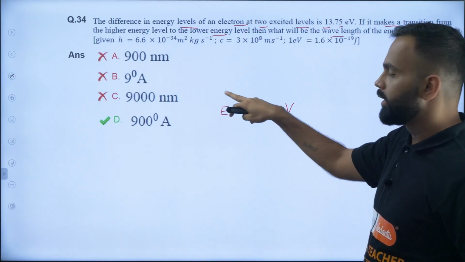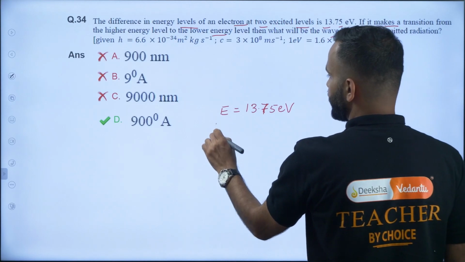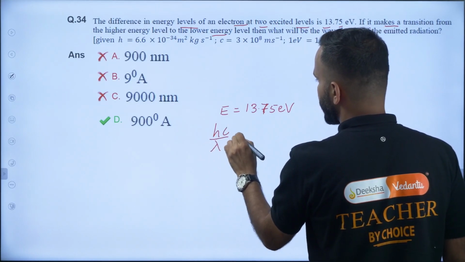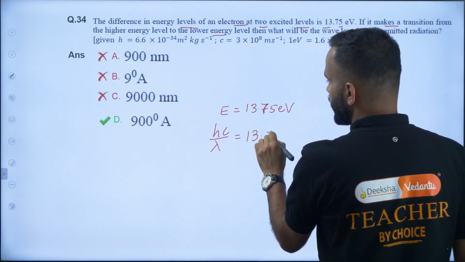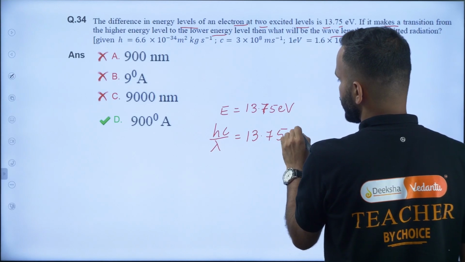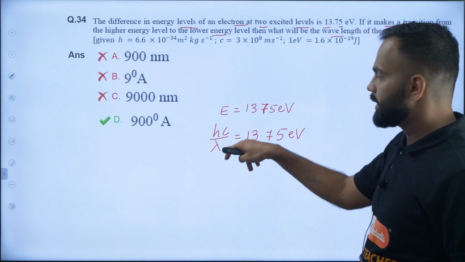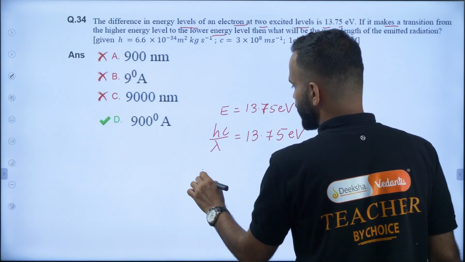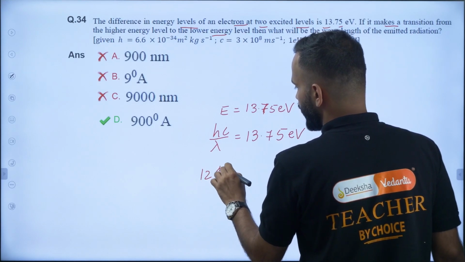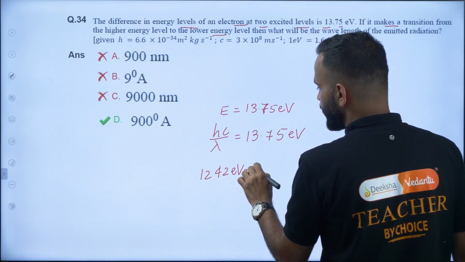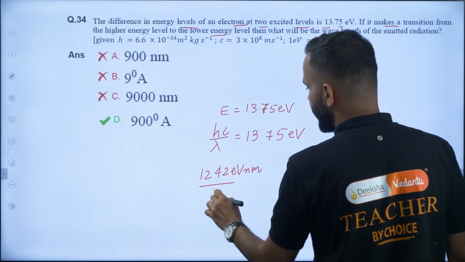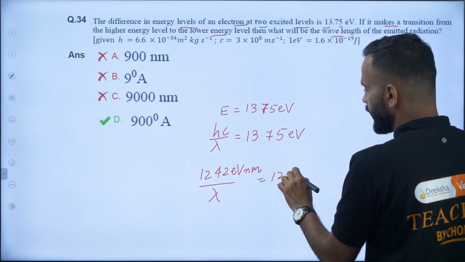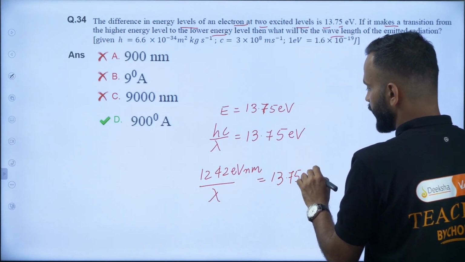Simple one, right? Here E is equal to hc by lambda. So hc by lambda is equal to 13.75 electron volt. We can write hc in terms of electron volt. The value of hc is 1242 electron volt nanometer, divided by lambda, is equal to 13.75 electron volt.